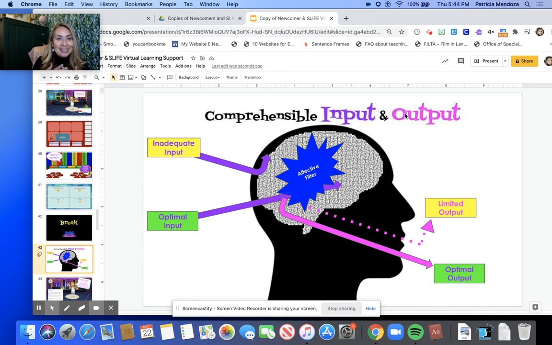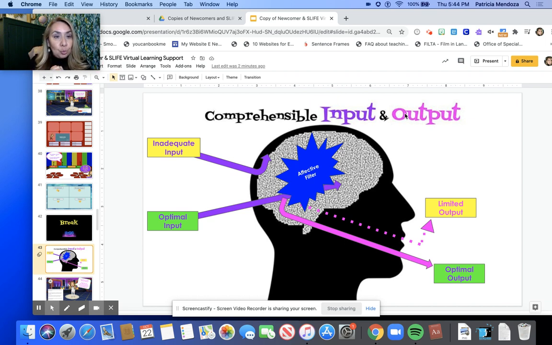So our part as an educator is to make sure that whatever we're providing for our students is comprehensible, whether it's the way we speak, what we're showing them in any kind of chart, what is on the board, or right now on your screen. It's all the ideas, everything that's coming in. It could be a lecture, a video, a picture.